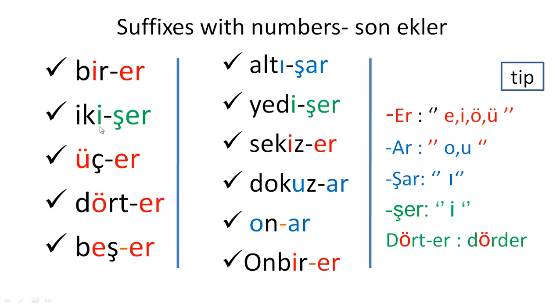As you can see here, number 2, the last letter is i, that's why we use şer. And number 7, the last letter is i, that's why we use şer. If it's not at the end of the word, like bir, then we should use er, not şer. I hope it's clear enough.